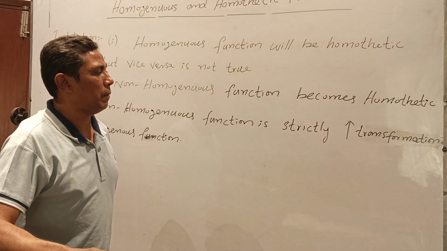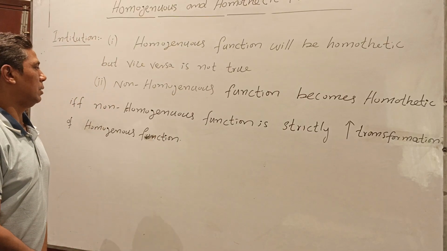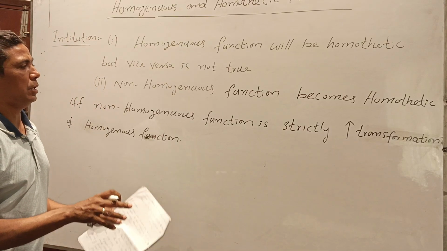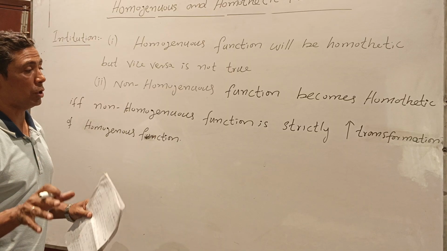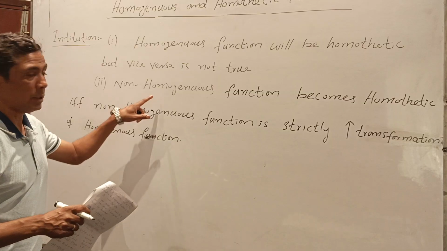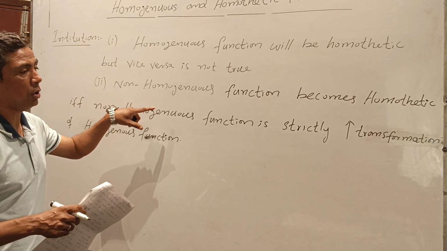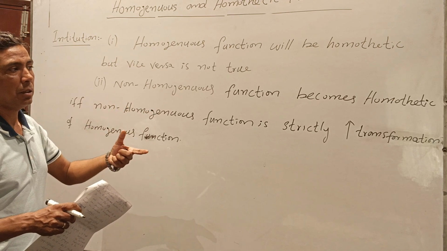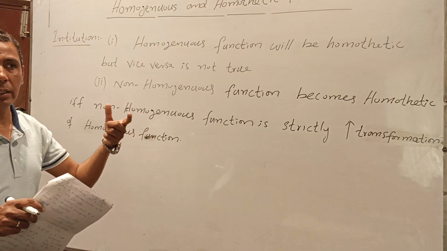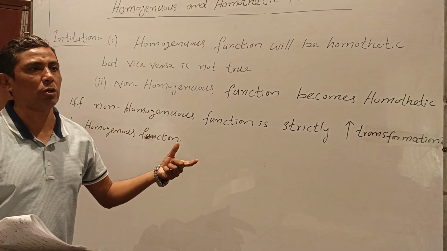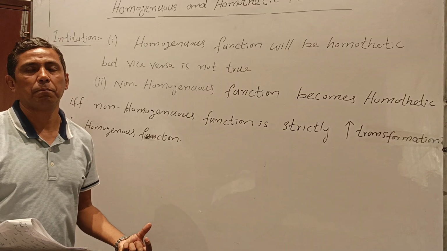If a function overall is not homogeneous, what does this statement mean? The function is not overall homogeneous, but if it is an increasing transformation of a homogeneous function, it will be homothetic.